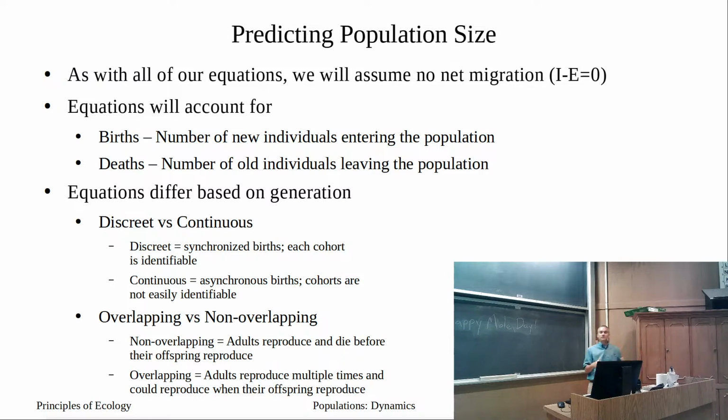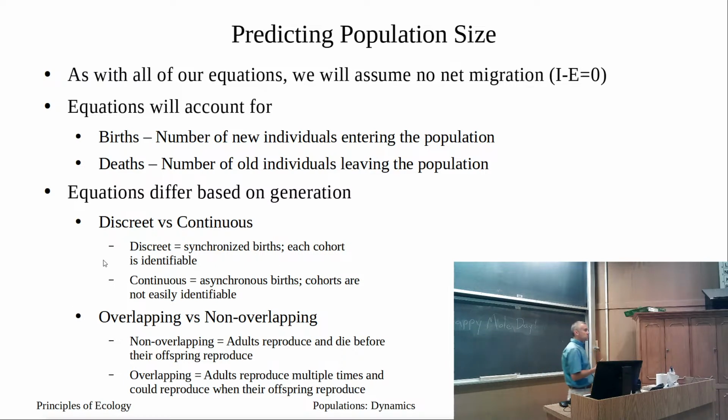So it's very difficult for us to identify one single cohort because they can give birth throughout the entire year. So discrete, we have synchronized births and cohorts are easily identifiable. For continuous growth, we have asynchronous births and our cohorts are very difficult to identify.